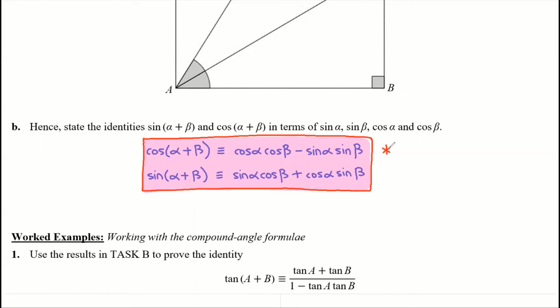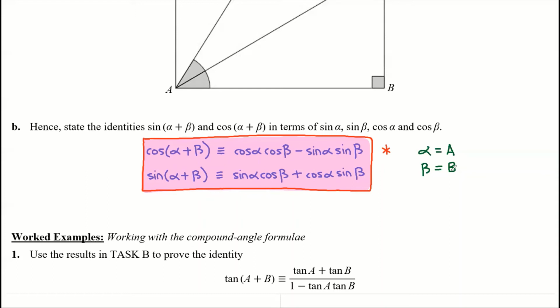There'll be a straight swap in most situations. When you see these identities presented, alpha will usually be A and beta will usually be B. So if you want to swap those out now in your notes, you can. But these are the bedrock of a lot of other identity proofs that we can now produce.